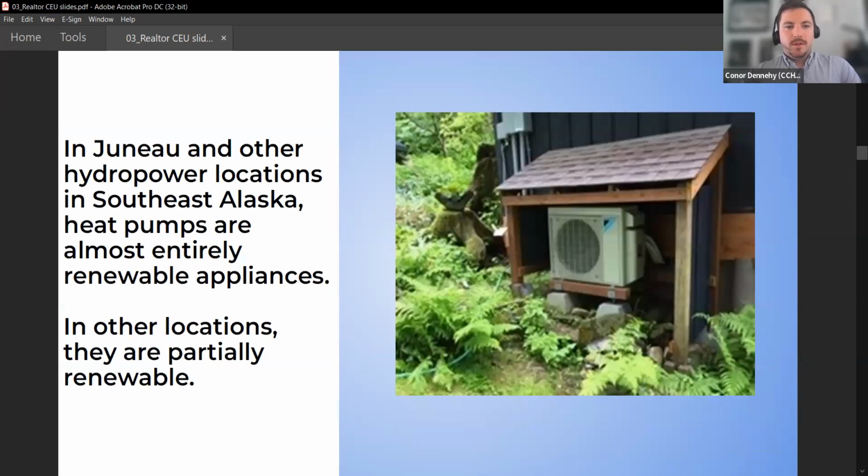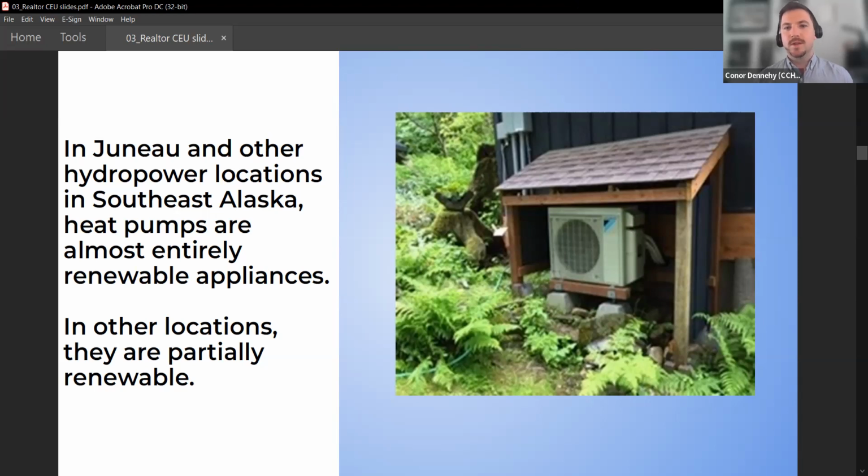I just want to give a little overview of where heat pumps are appropriate. I saw we had a few people from Juneau. We've got the Thermalize campaign in Juneau with Alaska Heat Smart, and essentially that is a crowdsourcing campaign to get heat pumps distributed throughout Juneau. Juneau is a pretty great place, especially Southeast in general, where you have hydropower and a relatively mild climate, considering Fairbanks and other places more north in Alaska.